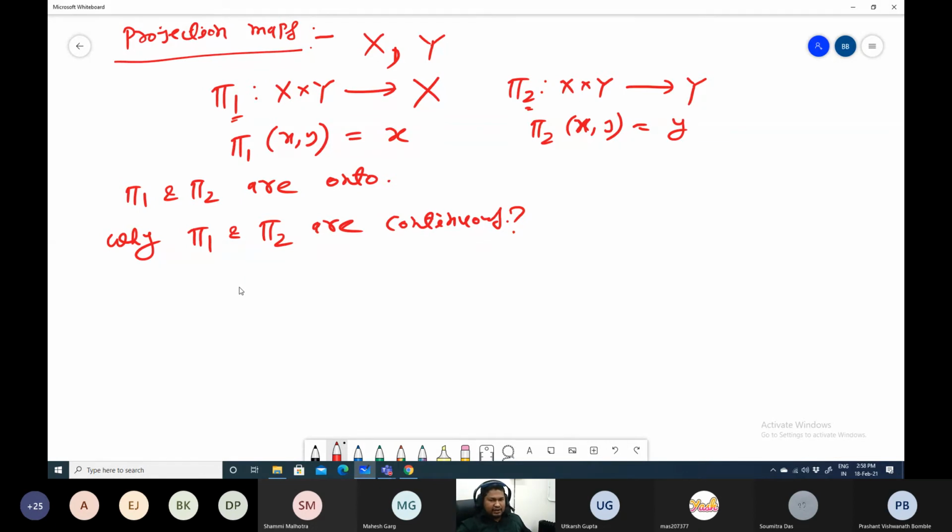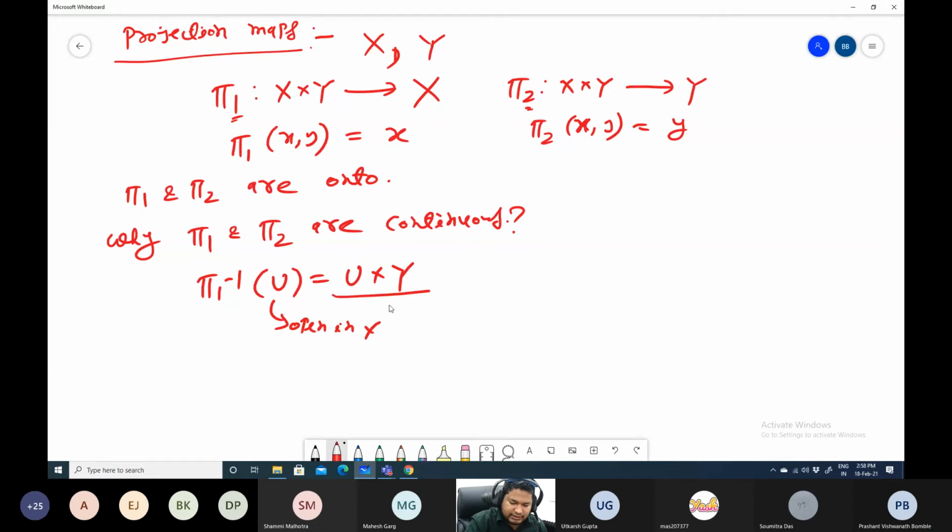When we have a space like R or Rn, a metric space, then only you can talk about sequences and all of these things. Here pi 1 inverse of U equals U cross Y. Right. So now we are done. If U is open in X, then this is open in X cross Y. So any inverse image of an open set is open, and similarly for pi 2 as well.